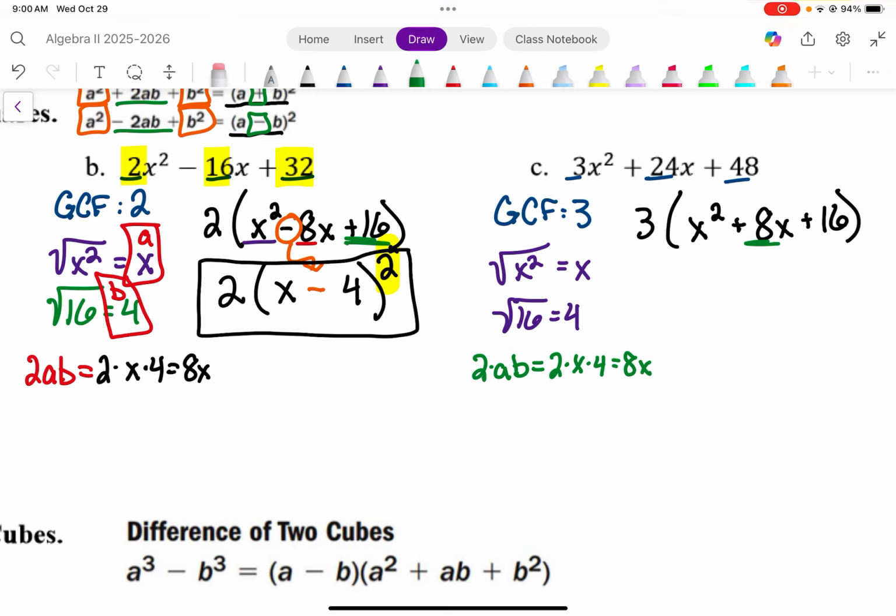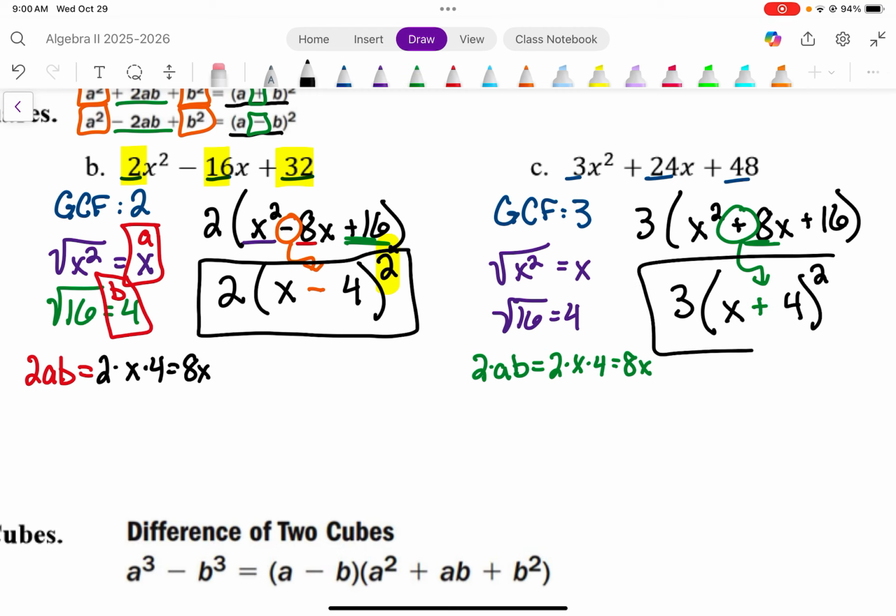So we are able to factor using our perfect square trinomial. Don't forget the 3 in the front, that has to stay there. We would have an x and a 4 in the parentheses, and because this 8x was positive, we are going to have a plus in between them in our answer, all squared. Once you have that, that is your final factored answer.